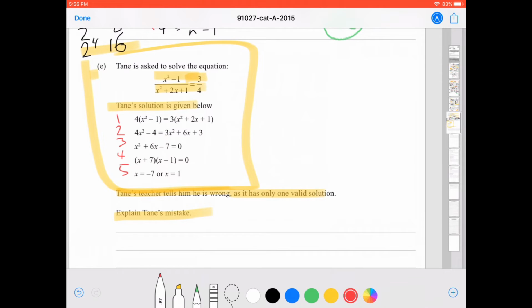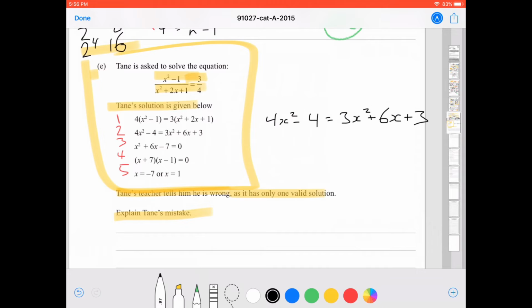Line 2, he's expanded his brackets on both sides. Again, that looks fine. Line 3, I believe, is where the issue is. So let's copy out line 2 first of all. 4x squared minus 4 equals 3x squared plus 6x plus 3.